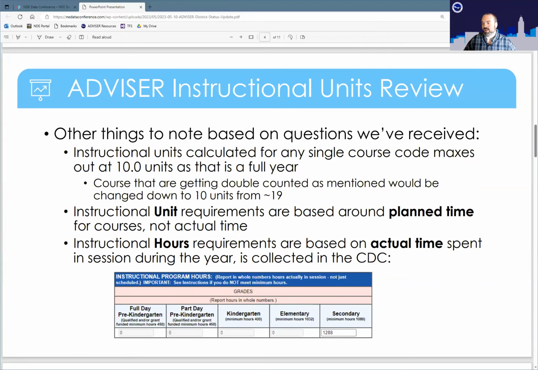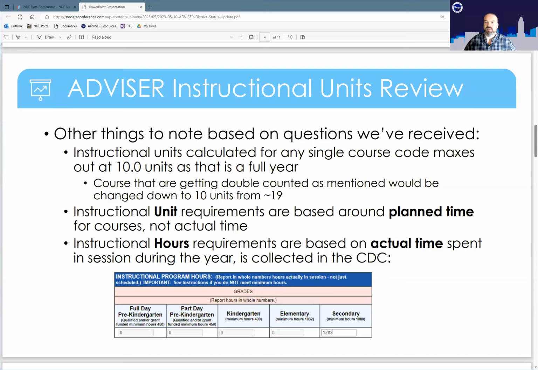Suzanne asked, are the instructional hours in the CDC going to be compared to the instructional units from the courses? I'm not aware that that is something that was definitely planned from the accreditation office. Although that does bring up an interesting idea.